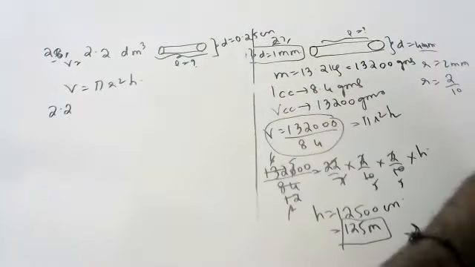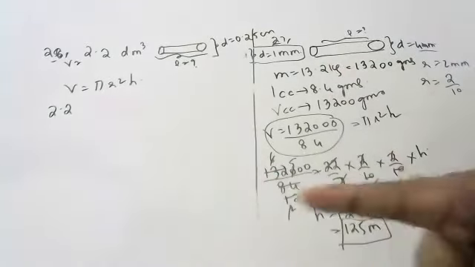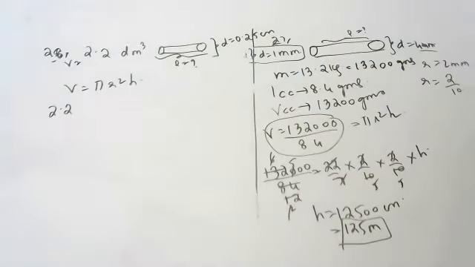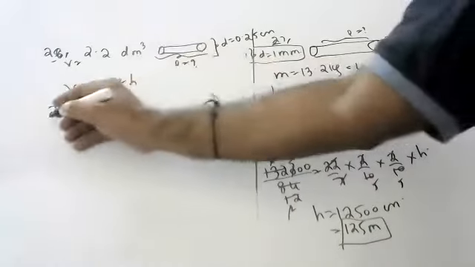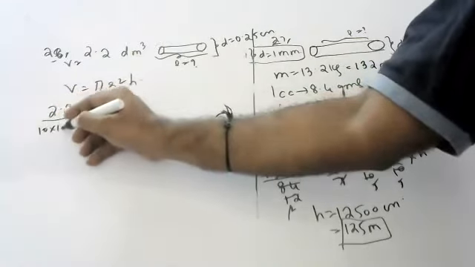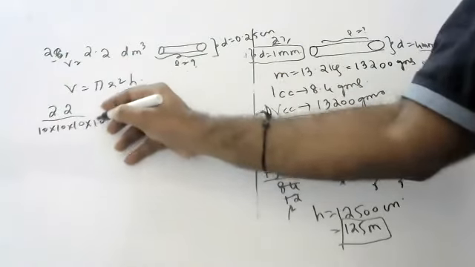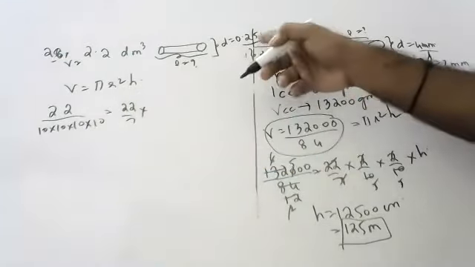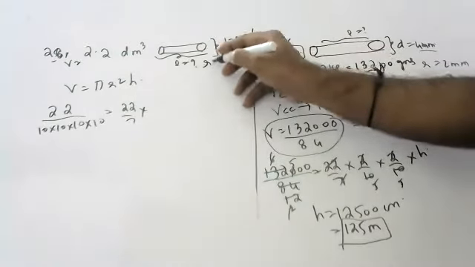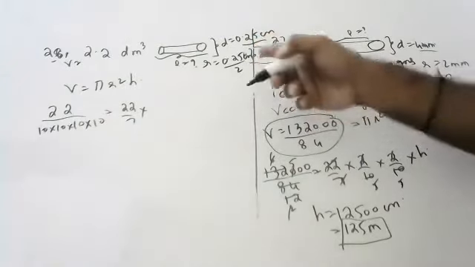2.2 decimeter cube. Decimeter to meter, divide by 10. Decimeter cube means divide by 10 into 10 into 10, this point will go. Okay, 10 into 10 into 10 is equal to 22 by 7 into 22. Radius, how much? 0.25 by 2. How to convert centimeter to meter?